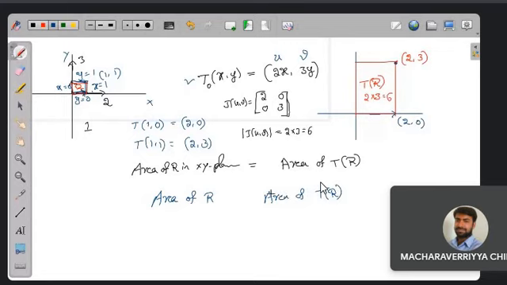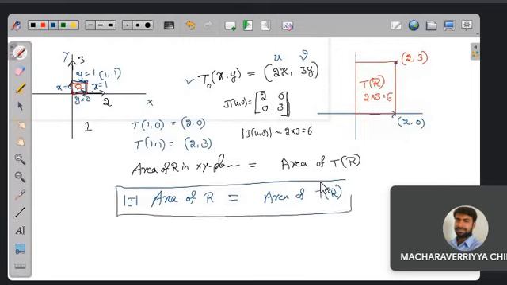The determinant of the Jacobian matrix into the area of R will be equal to the area of T of R. So this is the relation you can write, where J is the Jacobian of (u, v) with respect to (x, y).